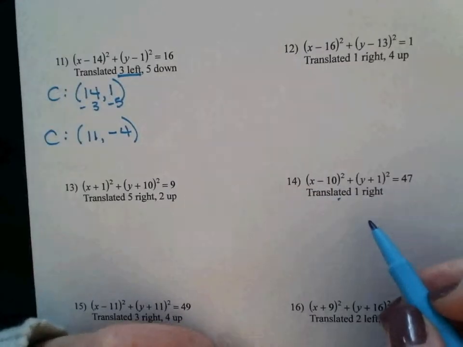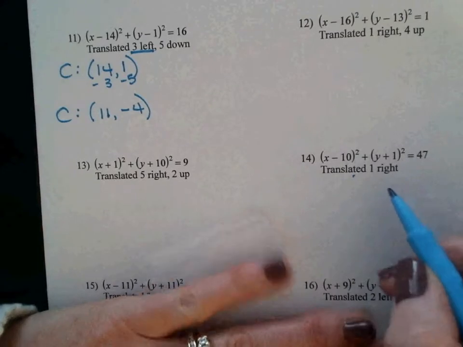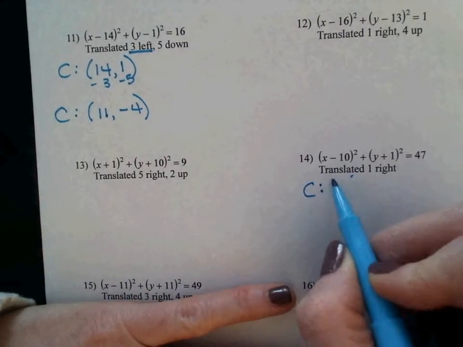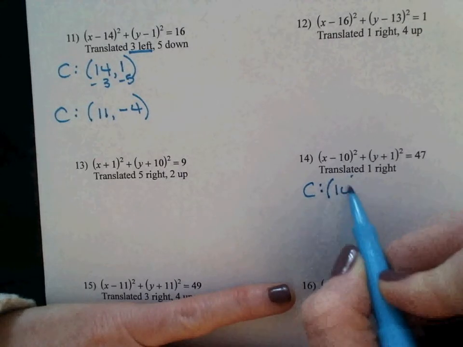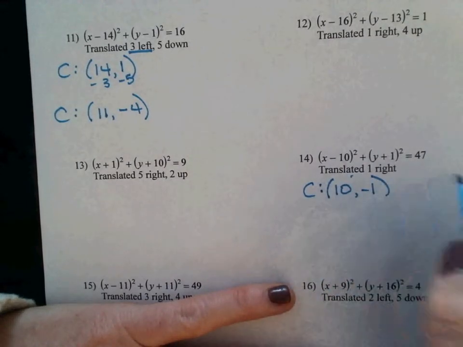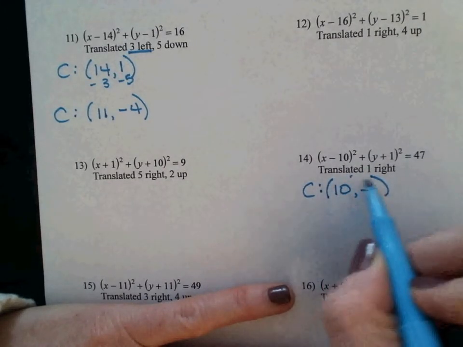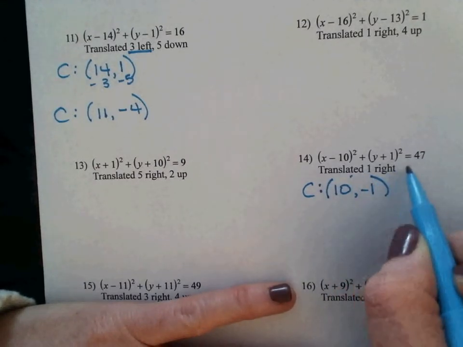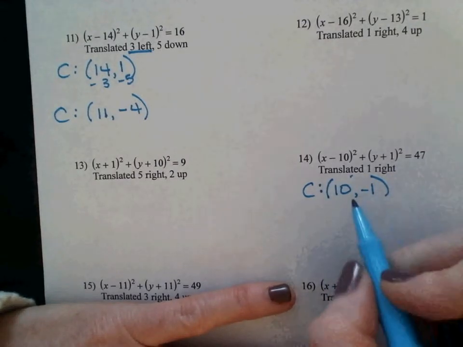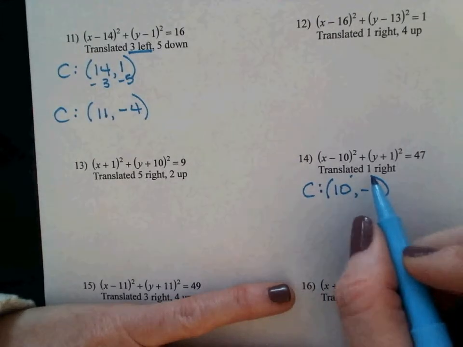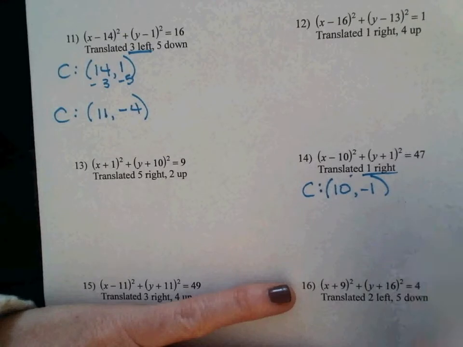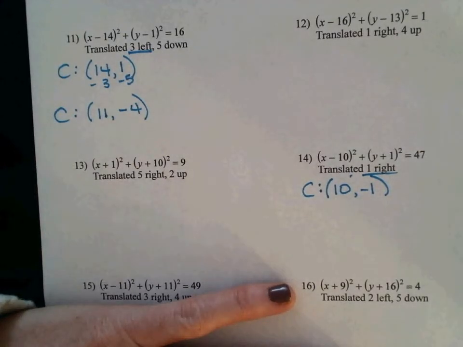Number 14. Let's see, it's not a bad idea to write down the center. Actually, write it down, take the time. It doesn't take all that long to write down the first center. And then it says translated 1 unit to the right. Does that apply to my x or y? Just x. It's kind of tricky because it only says 1.